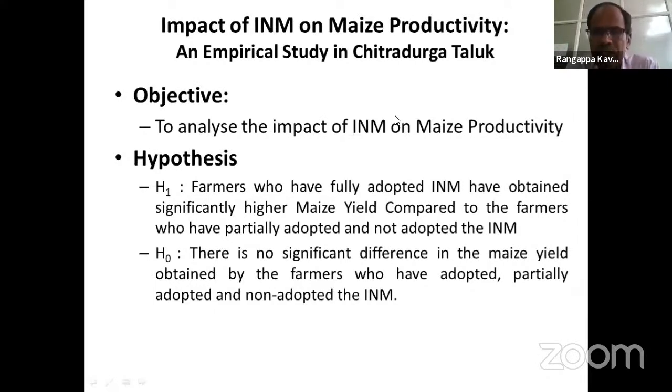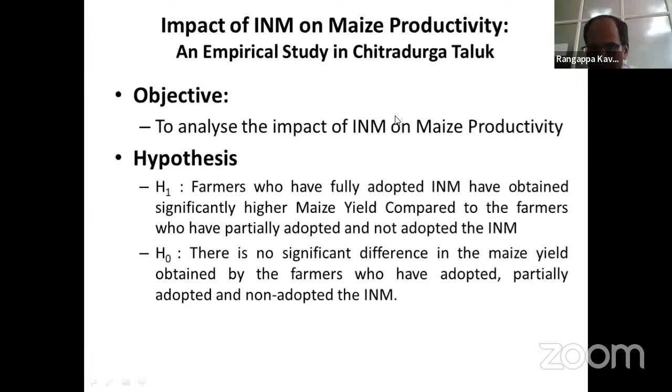I already told you this. Here the alternative hypothesis, or research hypothesis, is that farmers who have fully adopted this INM, integrated nutrient management, have obtained significantly higher maize yield compared to the farmers who have partially adopted and the farmers who have not adopted this integrated nutrient management technology.